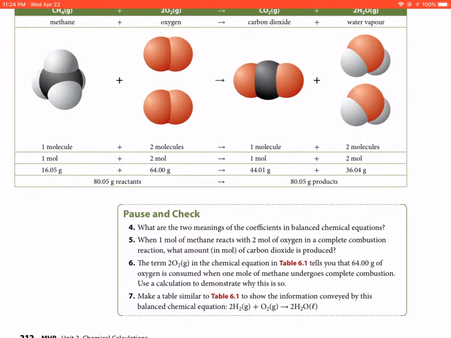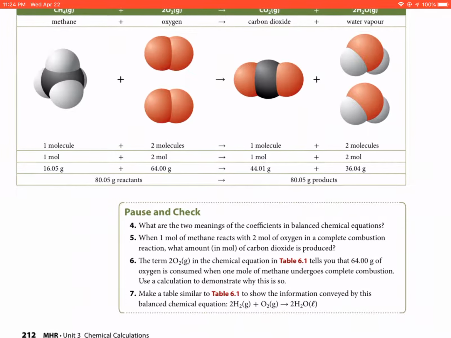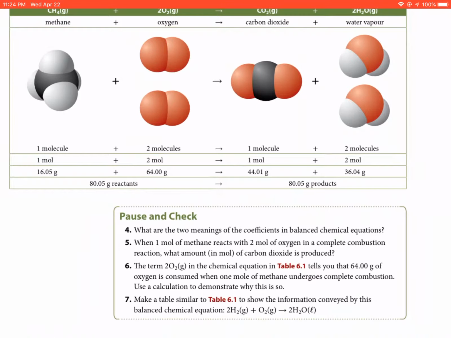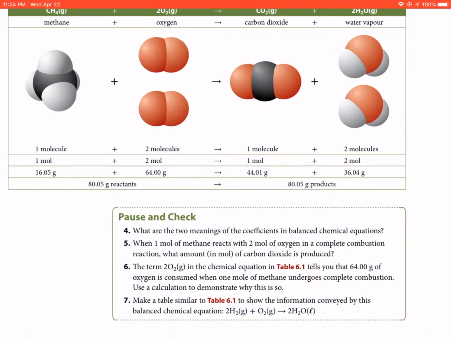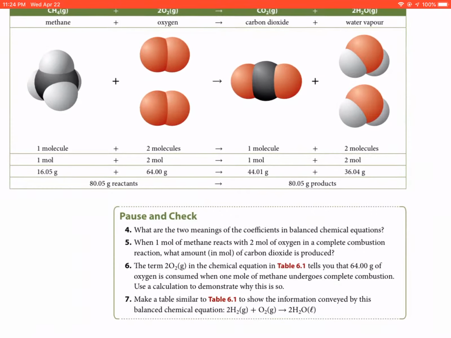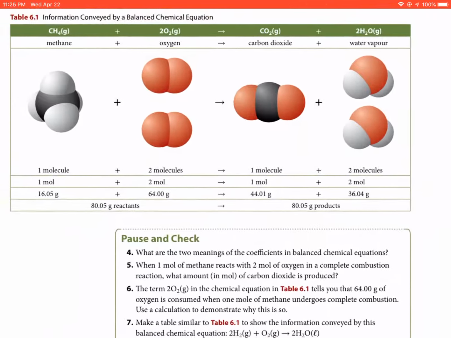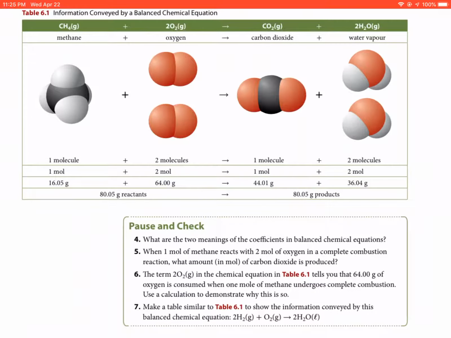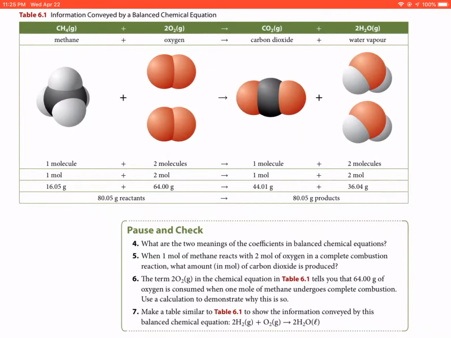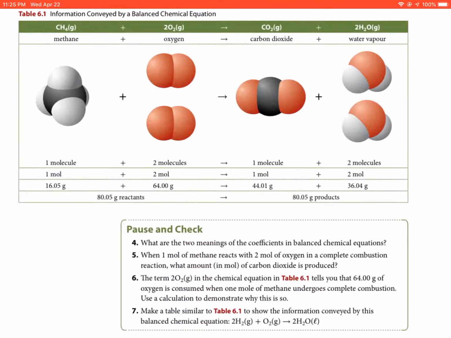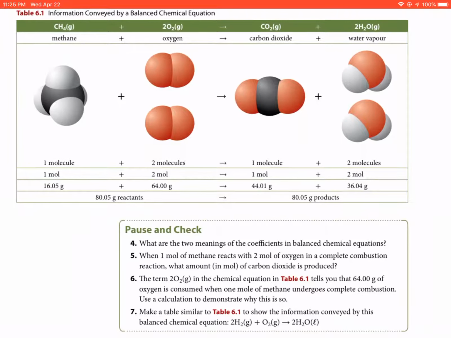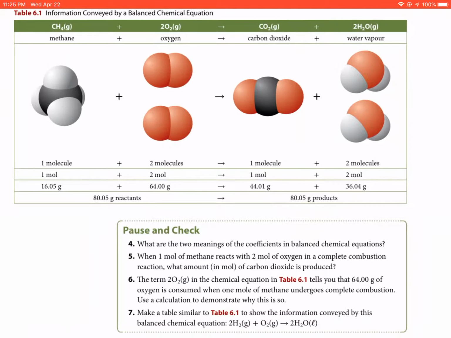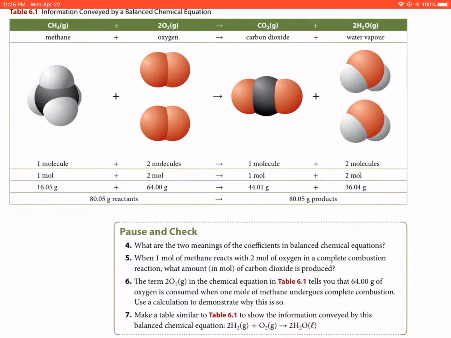Again, mass equals number of moles times molar mass. Little n times big M. So the question I'm asking you to do for homework, just to get into chapter 6, is to make a table similar to table 6.1 there, but instead of using CH4 plus 2 O2s, we're going to use the equation that's given at the bottom: 2 H2s plus an O2 make 2 H2Os.